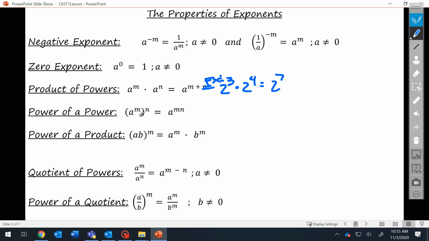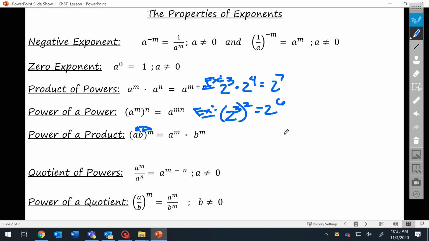Power of a power: if you raise an exponent to an exponent, you multiply them. So for instance, 2 to the third power to the second power is 2 to the sixth power. 3 times 2 is 6. Power of a product: if you have a product raised to a power, then the power can go to each factor of the product.